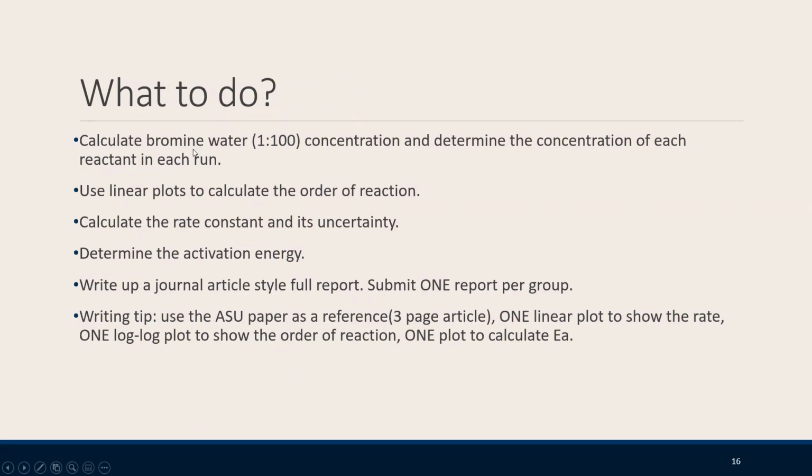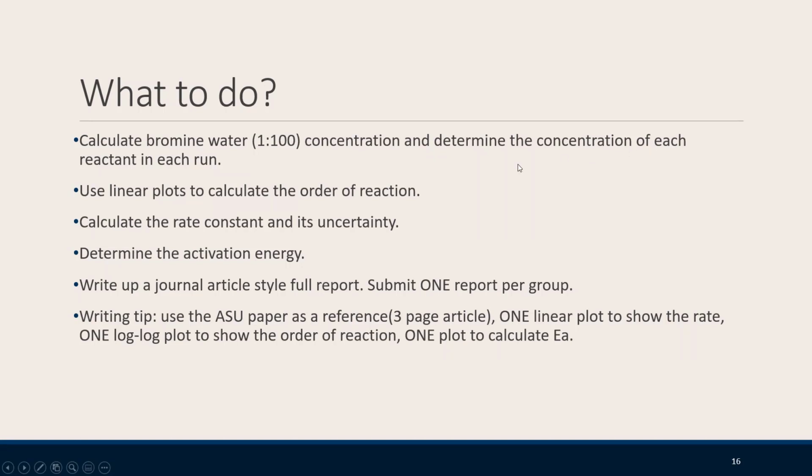So you will need to calculate the bromine water concentration and determine the concentration of each reactant in each run. The diluted bromine water concentration is measured by UV-Vis.